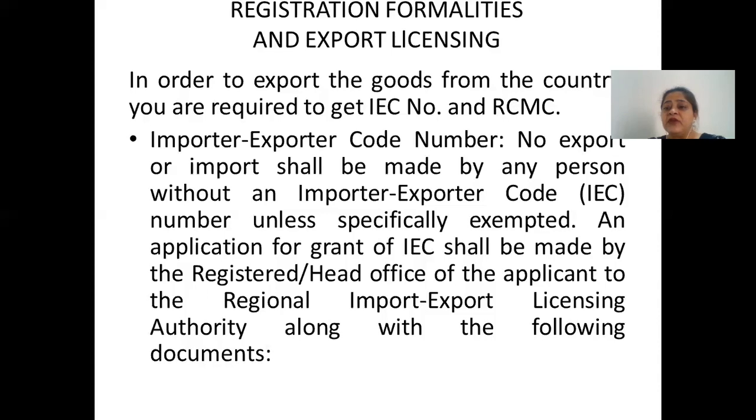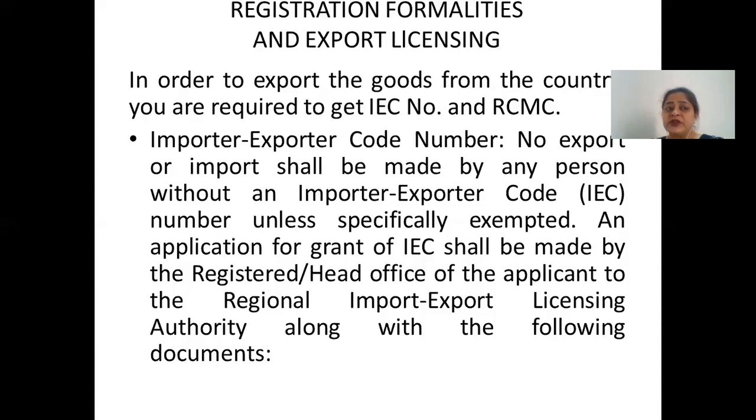Then we negotiate with the prospective buyers about the price, the quality, the terms and conditions, how to deliver the goods, and any specific things to be attached. After the negotiation, we will enter into the export contracts.